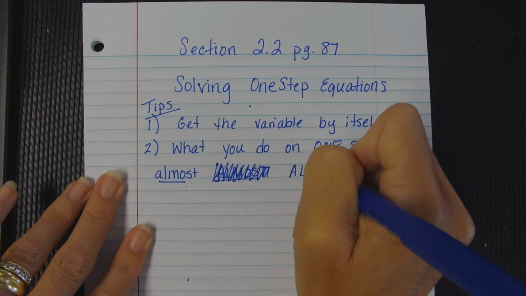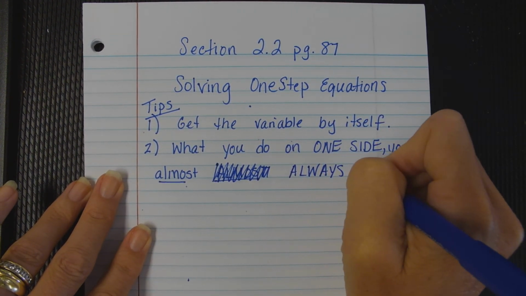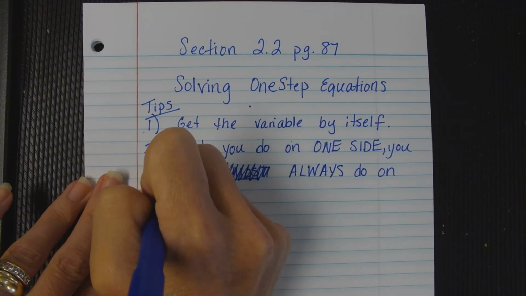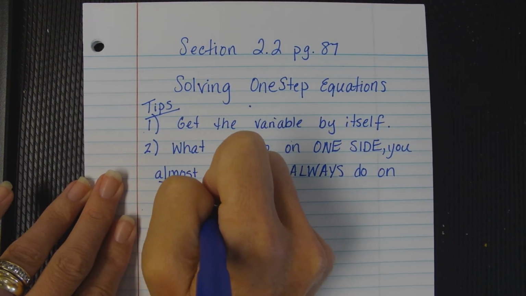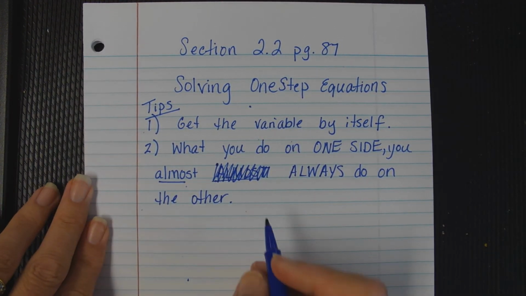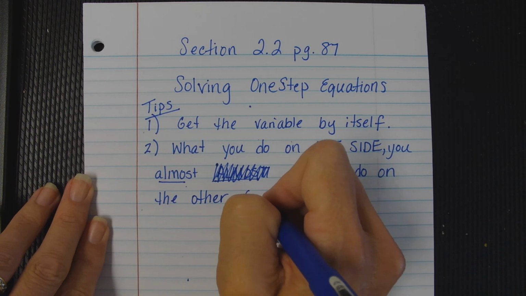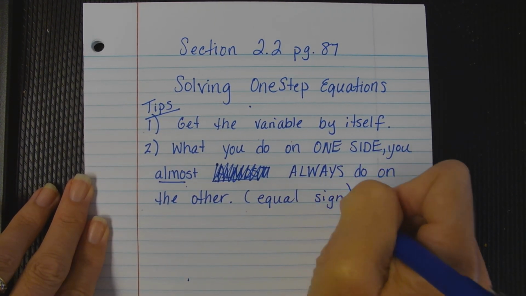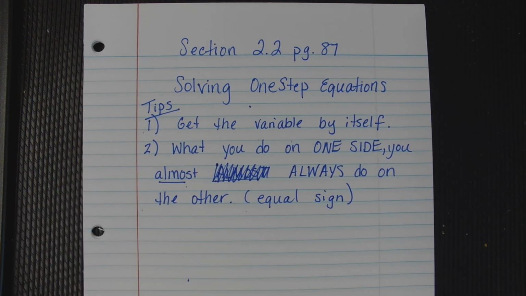I think I was trying to write always. And when I say what you do on one side, I'm talking about one side of the equal sign. You're going to do it on the other. Okay? It's kind of like a balancing act.